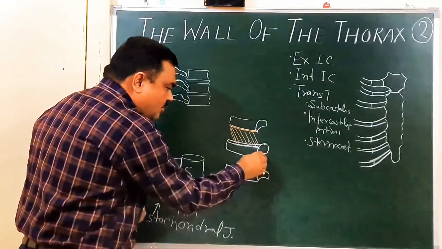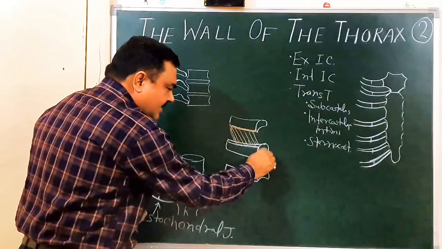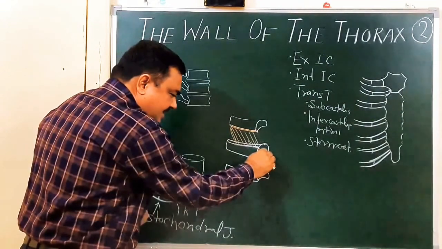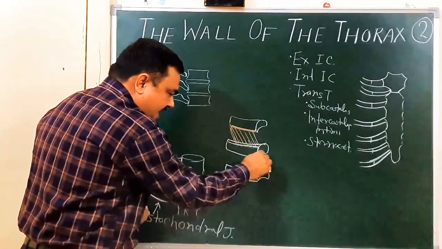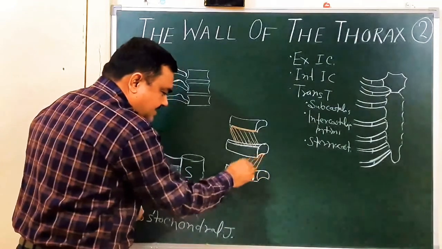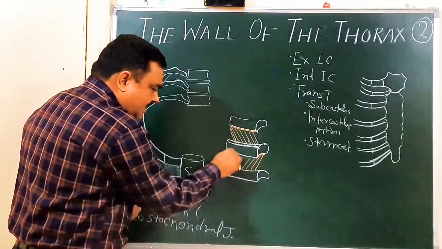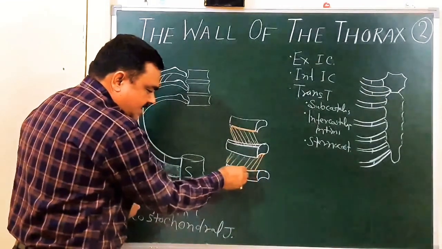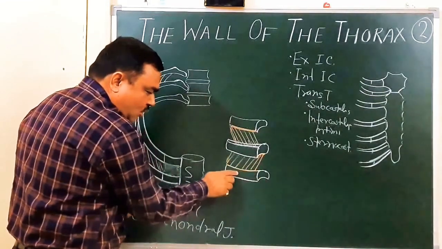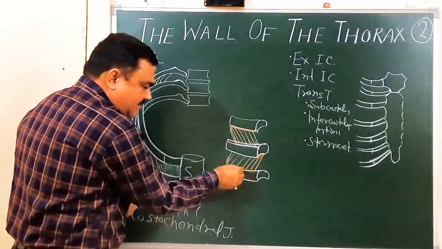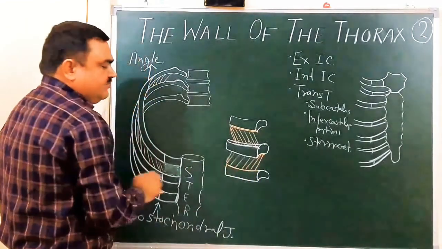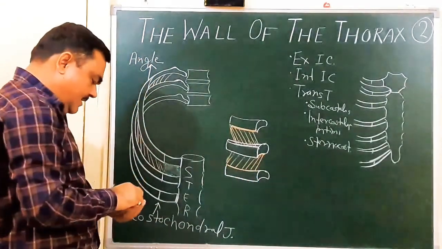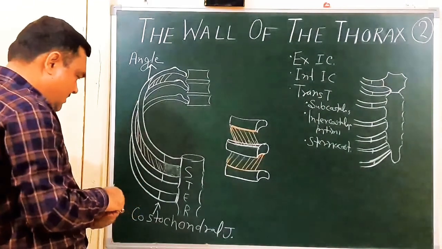Direction of the fiber is downward, backward and laterally, and is inserted on inner lip of the upper border of lower rib.